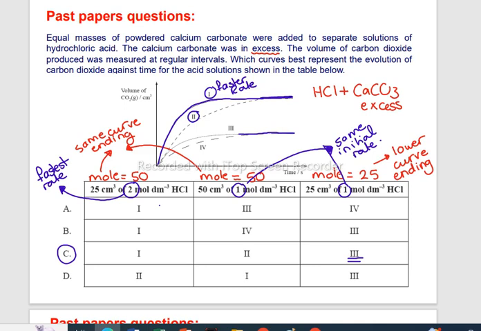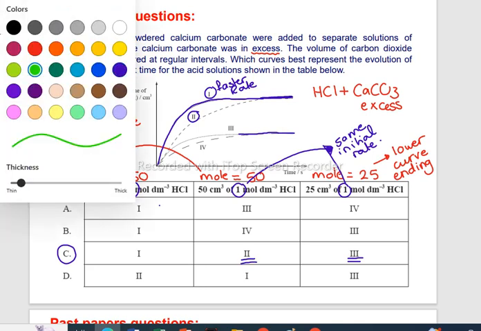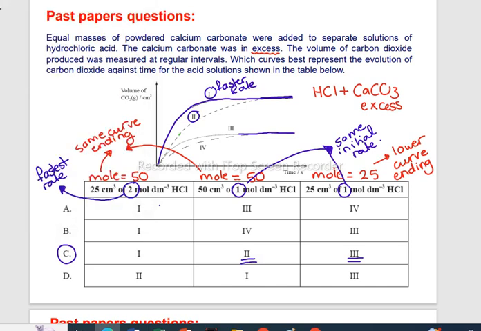Moreover, if you compare double I and the triple, you're going to find that there is something interesting about the initial rate. I will change the color. You will find that double I, this is the green color for double I, and the triple, both of them actually have the same initial rate.